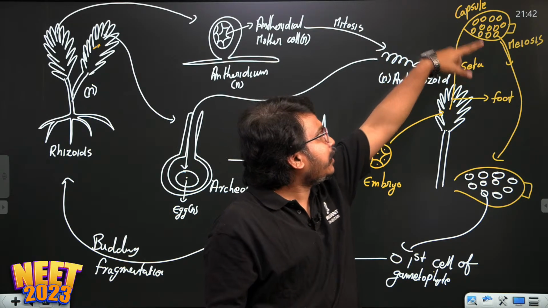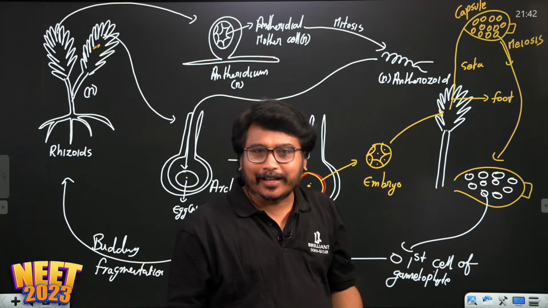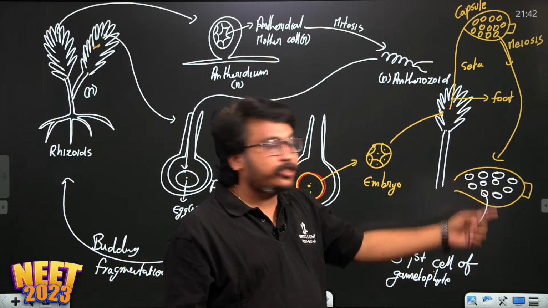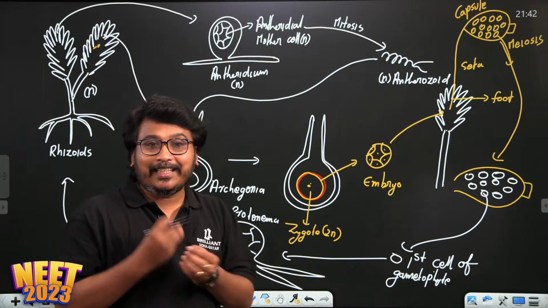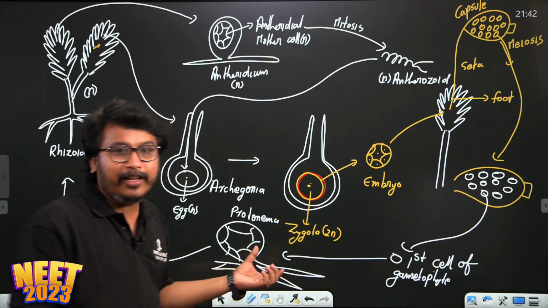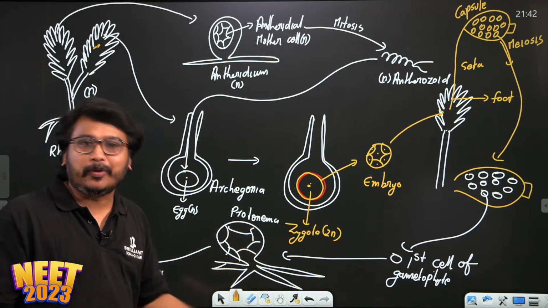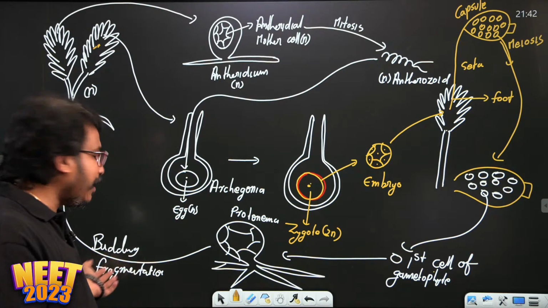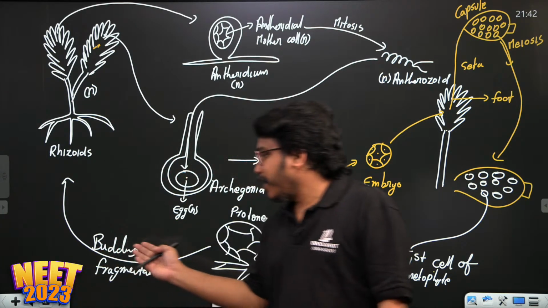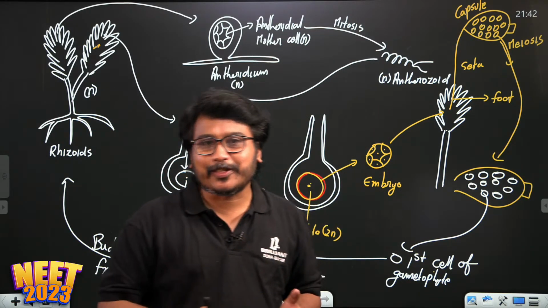Hope you got it. So in the capsule, there is the spore mother cell. They will be undergoing reduction division in order to form haploid spores, which when falling in the soil, germinate and give rise to this creeping green colored structure that is called protonema, which forms secondary protonema, and later they undergo budding or fragmentation to produce the new plants. So this is the life cycle.